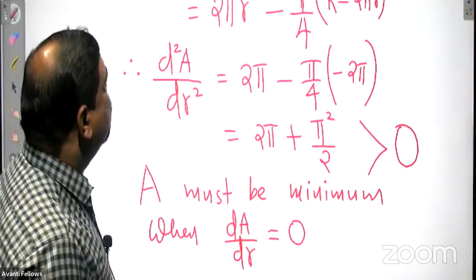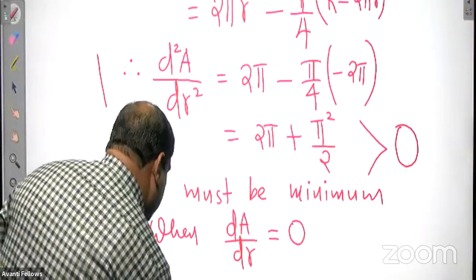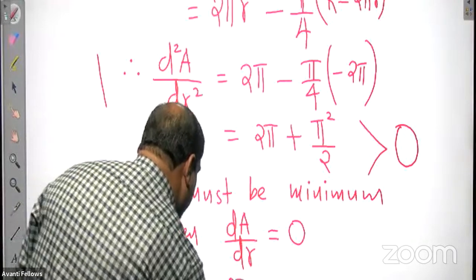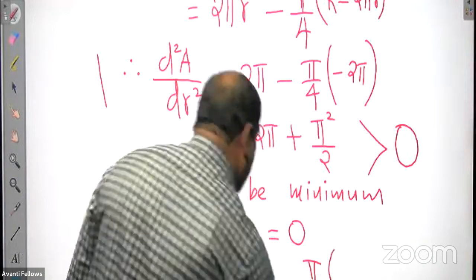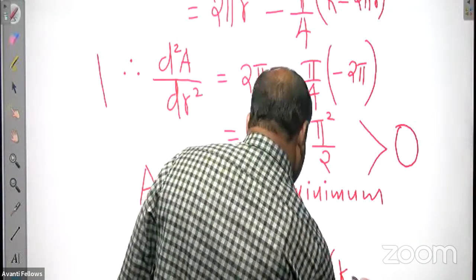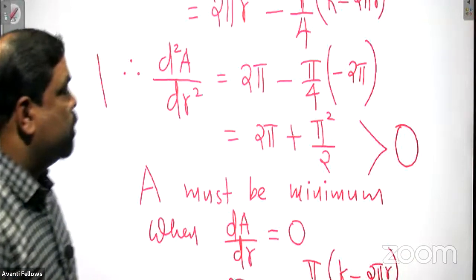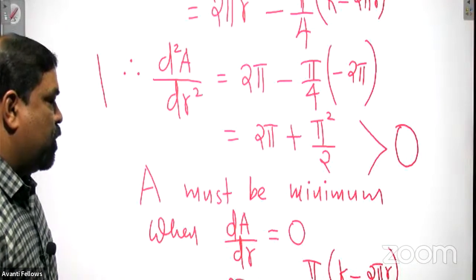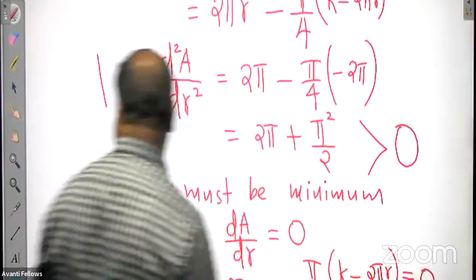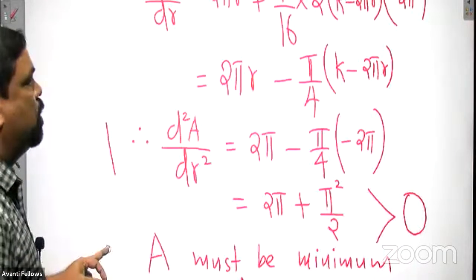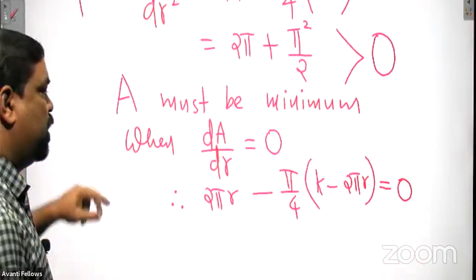So what is the first derivative? 2 pi r minus pi by 4 into k minus 2 pi r equal to 0. Isn't it? 2 pi r minus pi by 4 into k minus 2 pi r, that's equal to 0.